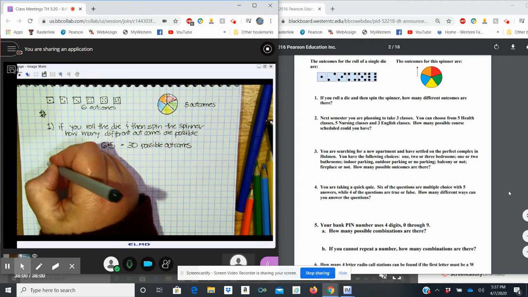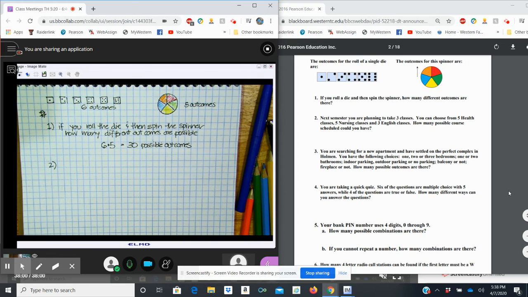Okay? We're just trying to get a sense of all the options right now. We're not talking about the probability of any singular option. We're just trying to get all possible.